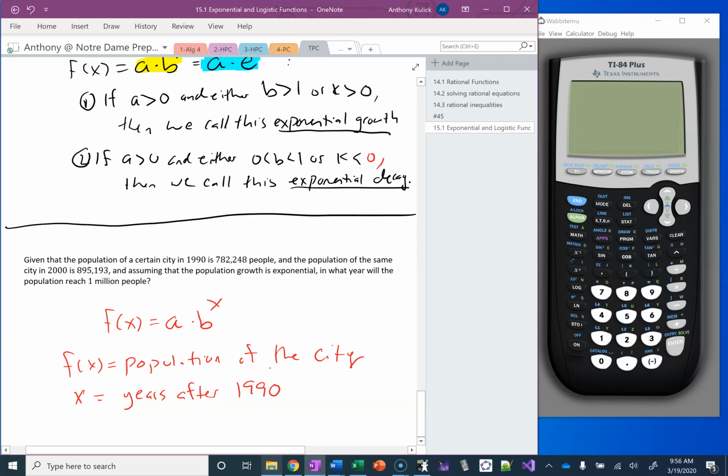And this is pretty typical. Most exponential functions that we're going to write are going to have the independent variable, x, describing a quantity of time. And the y would be whatever it is that's changing with time.